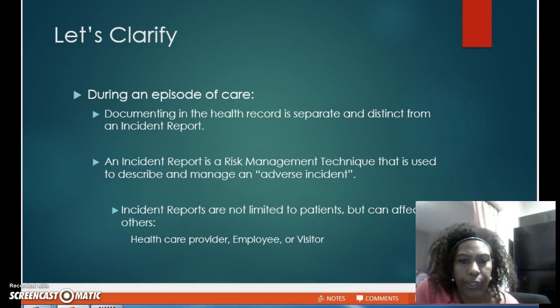An incident report is a risk management technique that is used to describe and manage an adverse incident. Incident reports are not limited to patients but can affect others, such as healthcare providers, employees, or visitors. Can also affect or involve equipment or property, that type of thing.